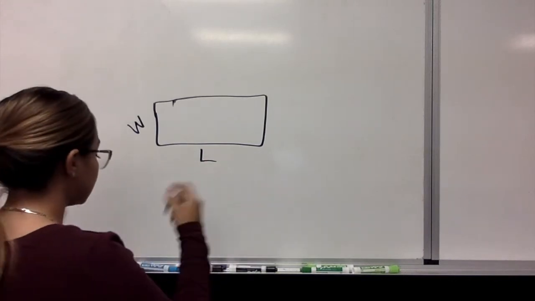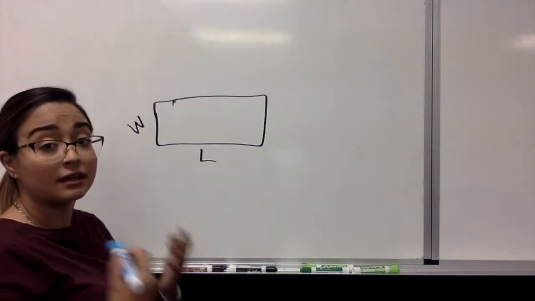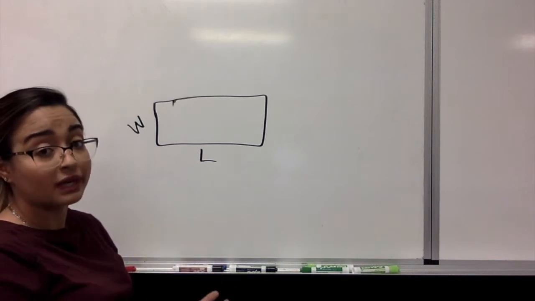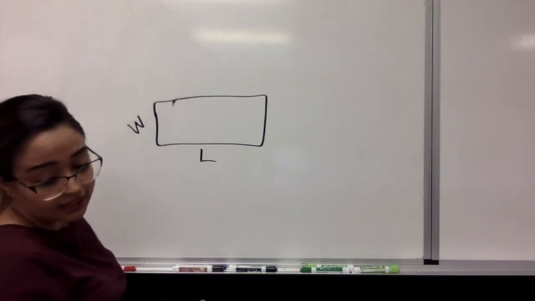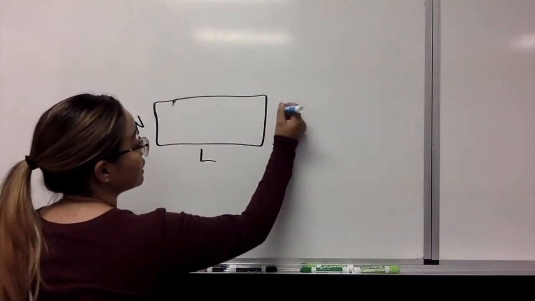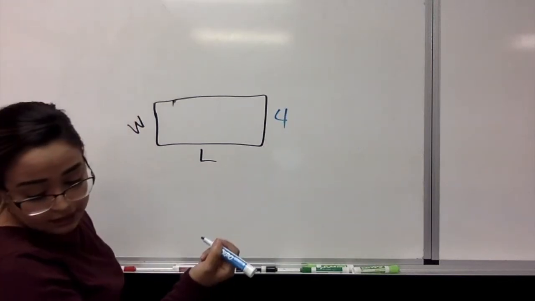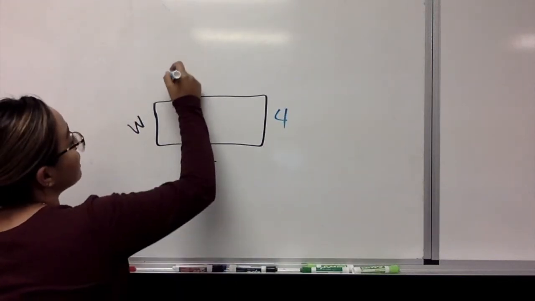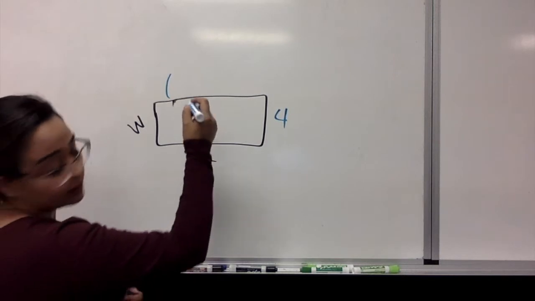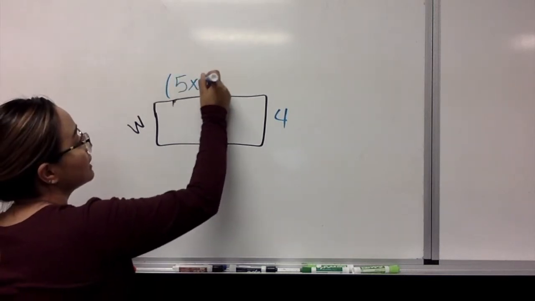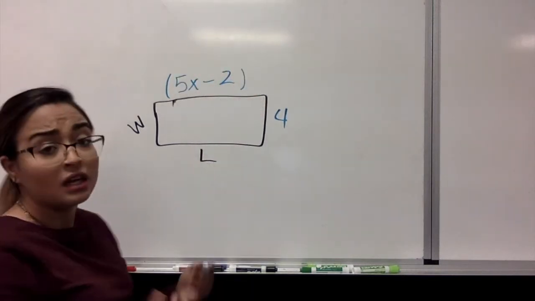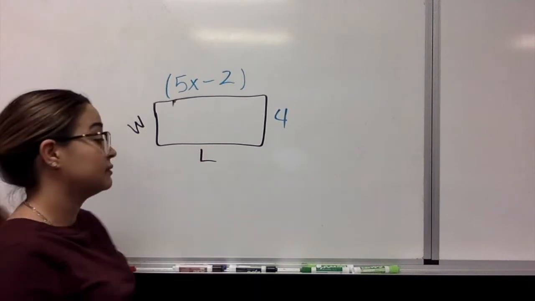Now, in some cases, we had an area that we had to find that looked kind of like this. So the width was 4 and the length was 5x minus 2. In this case, how would we solve it?